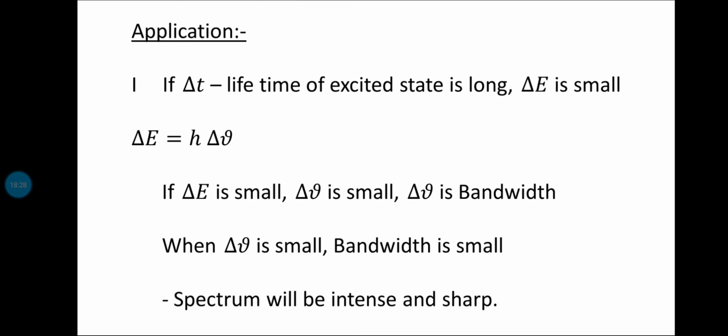When delta nu is small, bandwidth will be small. It means the spectrum will be more intense and sharp. So when you get a sharp and intense spectrum, you can predict the width or the intensity of the spectrum using the Heisenberg uncertainty principle.